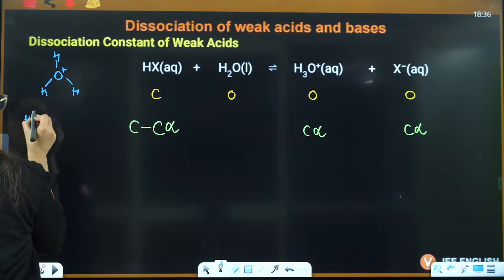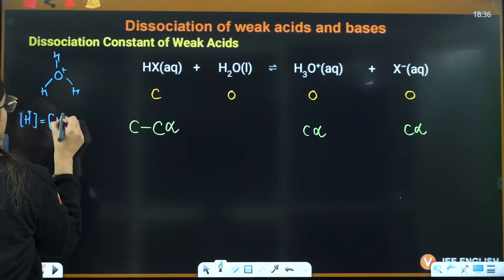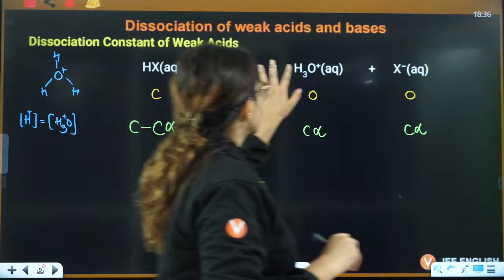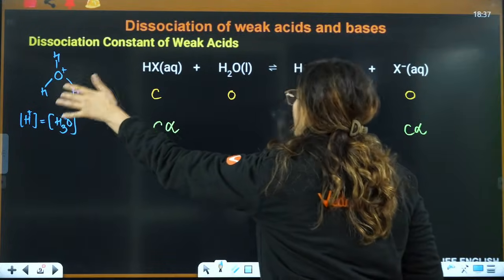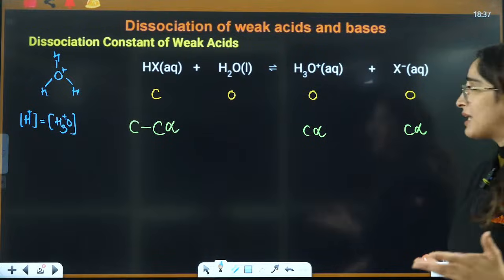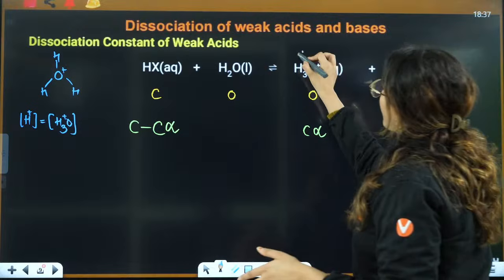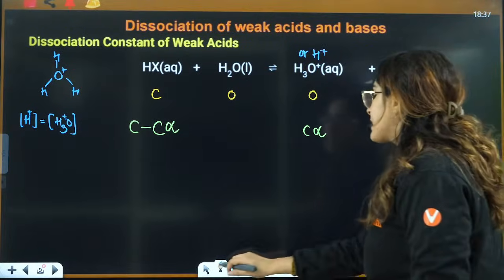So H positive concentration equals H3O positive concentration. Either you write H positive or hydronium ion, that is the same thing.